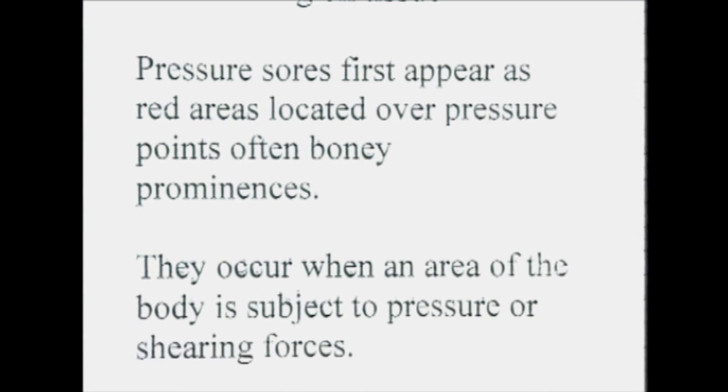A clear nursing implication here is that if we can spot these red areas by regular observation of our patients, then at this stage, when they're just red areas, the pressure sore should be reversible and the patient should recover without any tissue damage. So as well as regular turning of patients, regular observation of pressure points is an important aspect of nursing management.